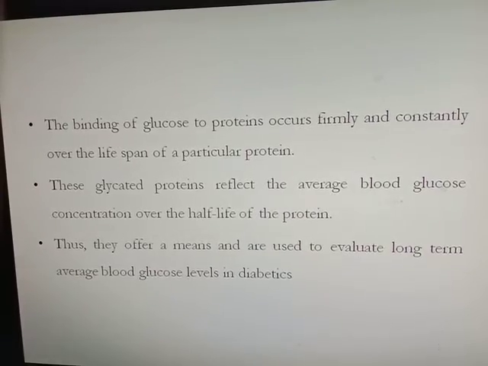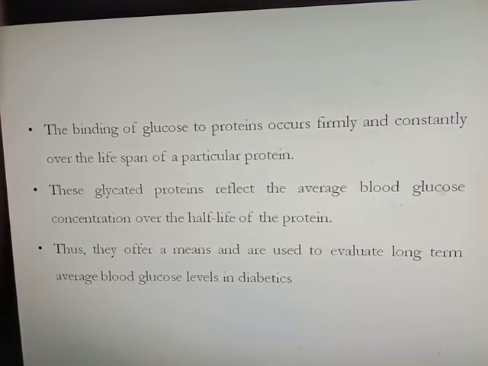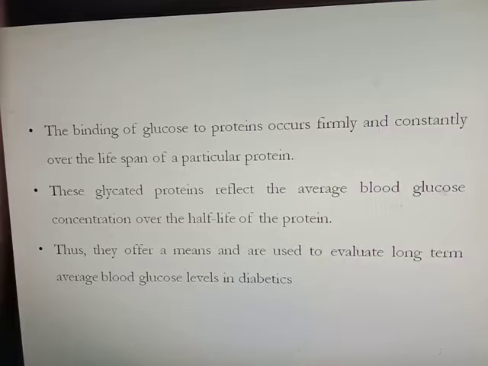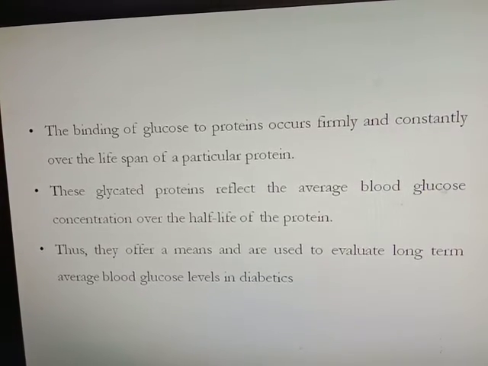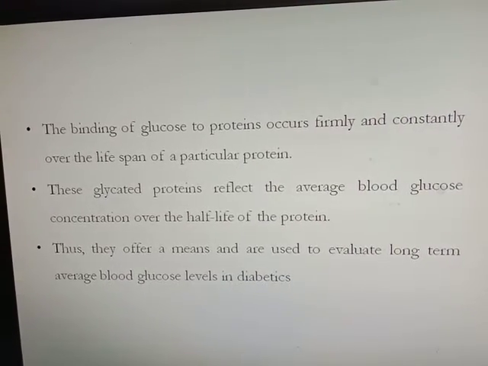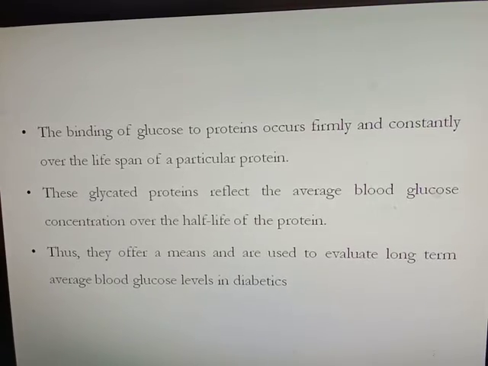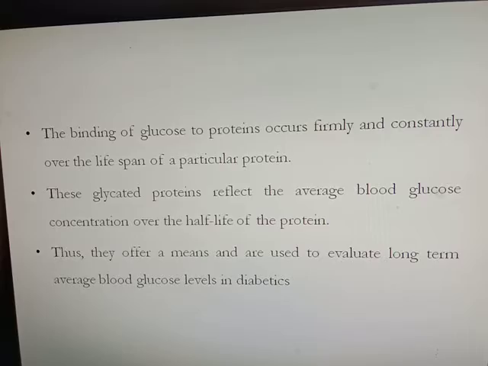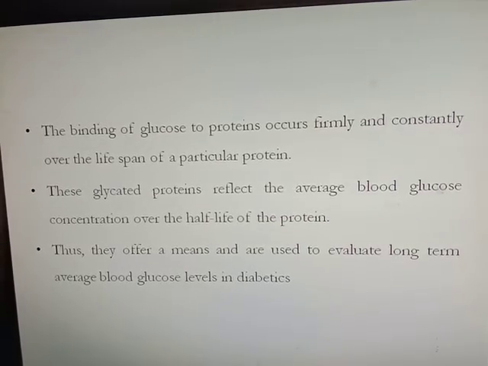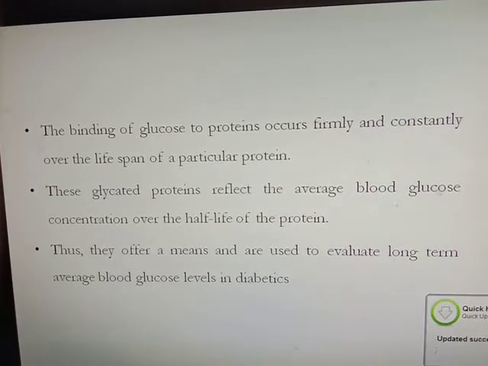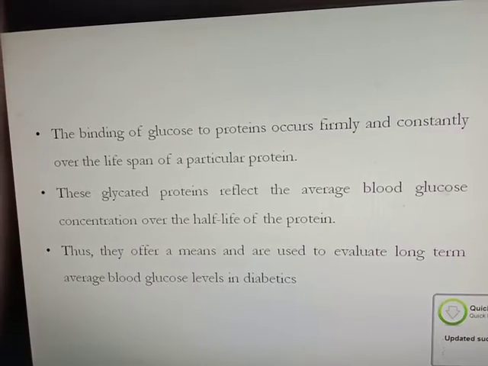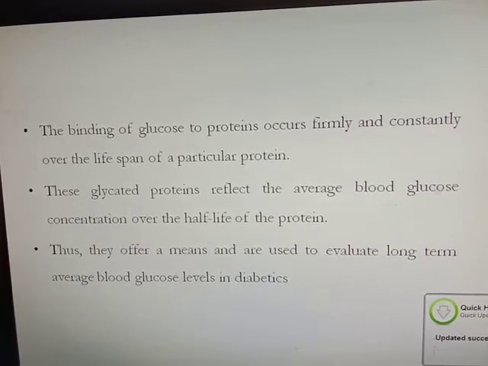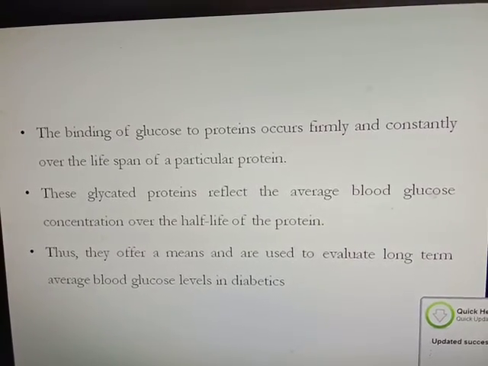This glycated protein reflects the average blood glucose concentration over the half-life of the protein. Means if there is a constant amount of protein, whatever glucose is present in blood will maximally bind to the protein.